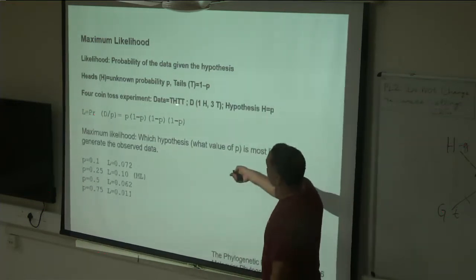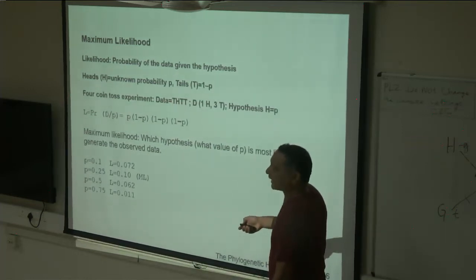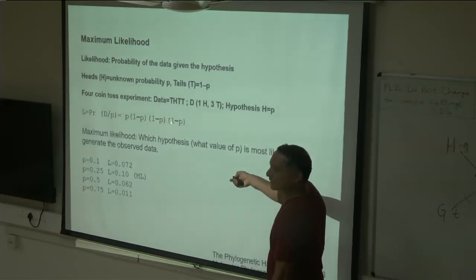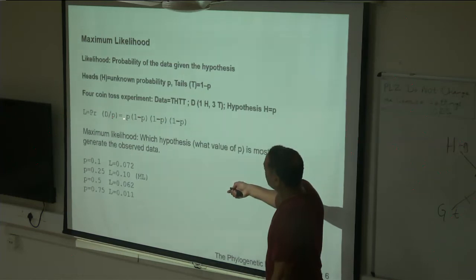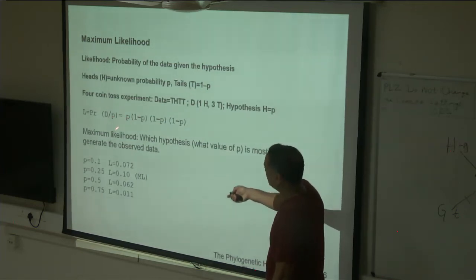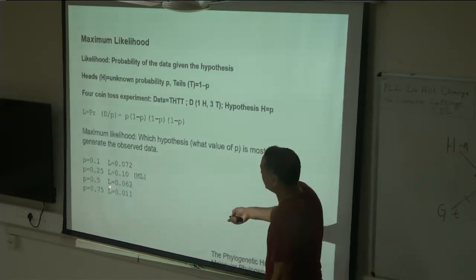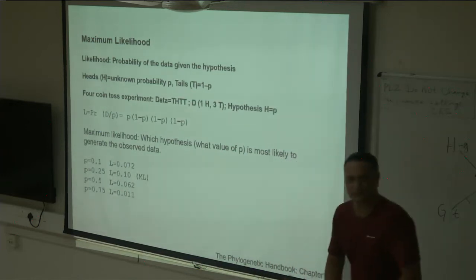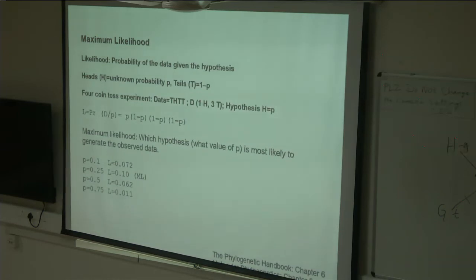So the probability of heads is p, and then you have 3 tails, and the probability of tails is 1 minus p, times 1 minus p, times 1 minus p. So if p is 0.5, then the likelihood would be that. And how did we get that? It's very simple, we just use that formula on top.